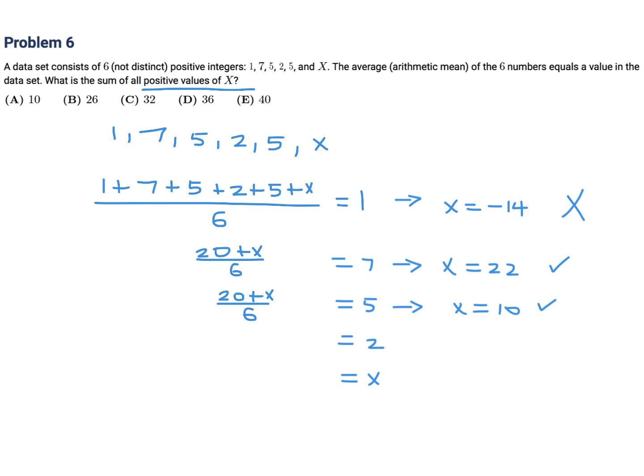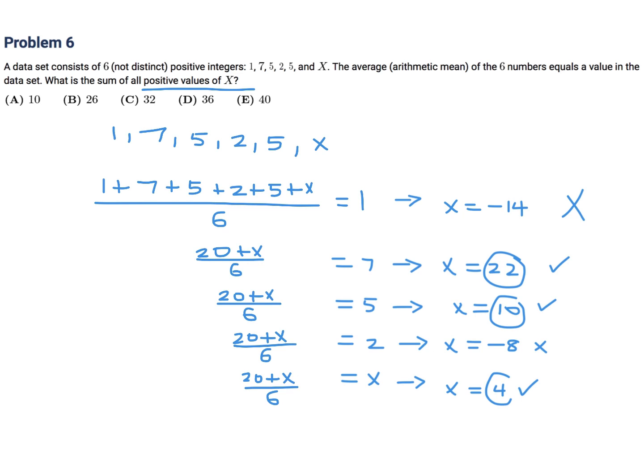When you do this calculation for 2, you get 20 plus x over 6, and therefore you get x equal to negative 8, but then you don't use that because we need positive ones. And then finally 20 plus x over 6 is x, and this one will give you a value of x equal to 4. So I use this. So 22, 10, and 4, and when you add those up, you get 36. So 36 is the sum of all the positive values of x.